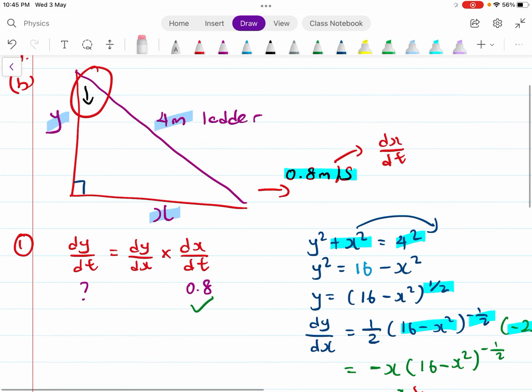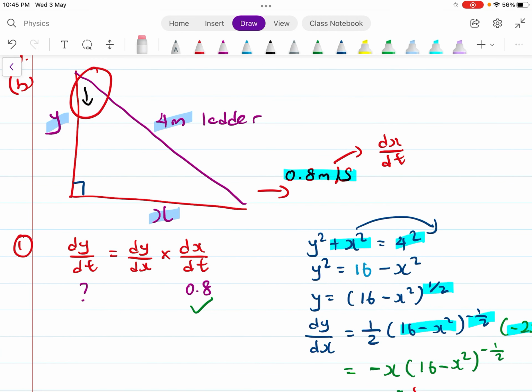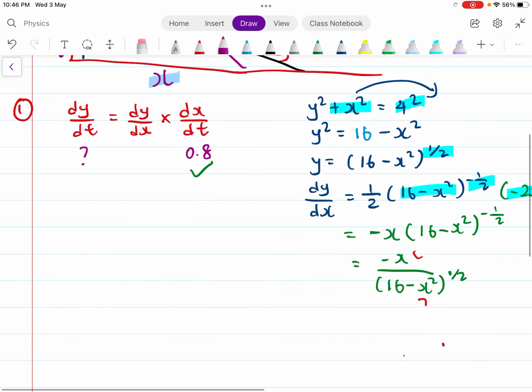So they say that when this ladder is 50 centimeter above the ground, which is 0.5 meter above the ground. So notice, I want the x value, I don't want the y value, because in your dy/dx, I want to sub in the x value.